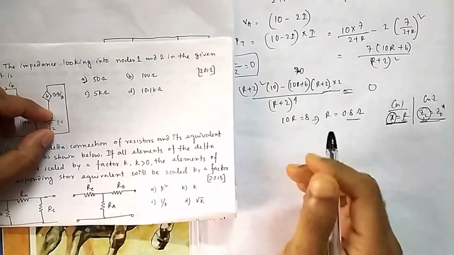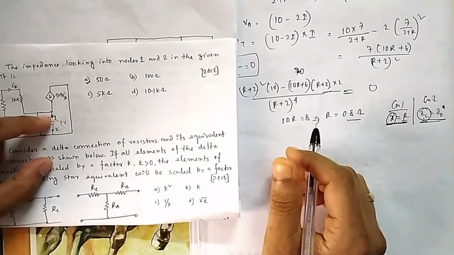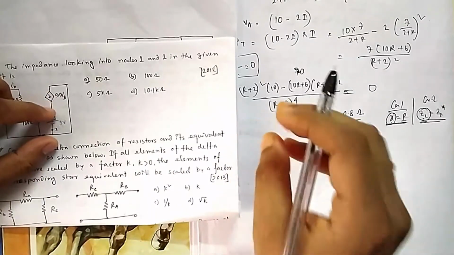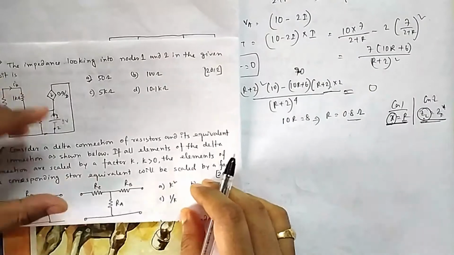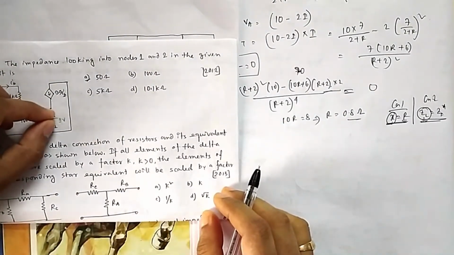If you see what resistance it is feeling inside, if it is 10 volt and it is giving 2 ampere, that means it feels that inside there is a 5 ohm resistance, 10 by 2. So that is the way we will see what is the resistance from this side.